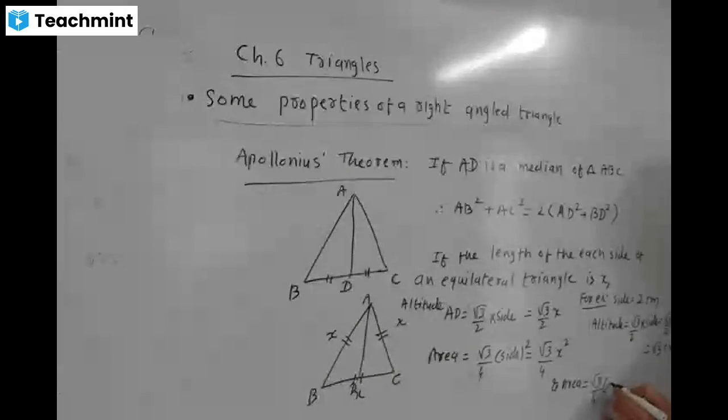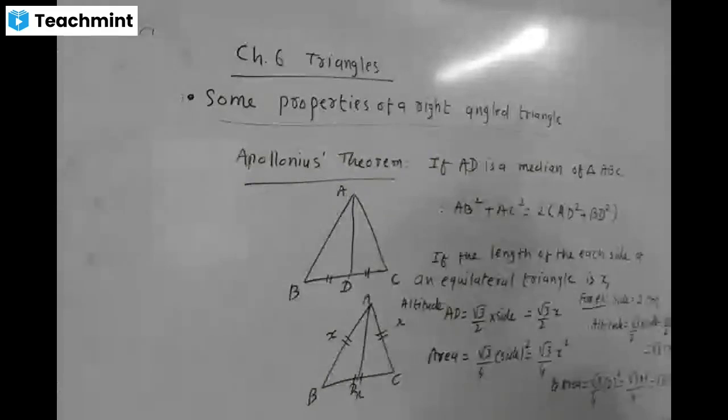Root 3 by 4 into 4, that is equal to root 3. So if side is equal to 2, then area and altitude both are equal. Okay, both are equal. Or AD is always perpendicular bisector of BC.